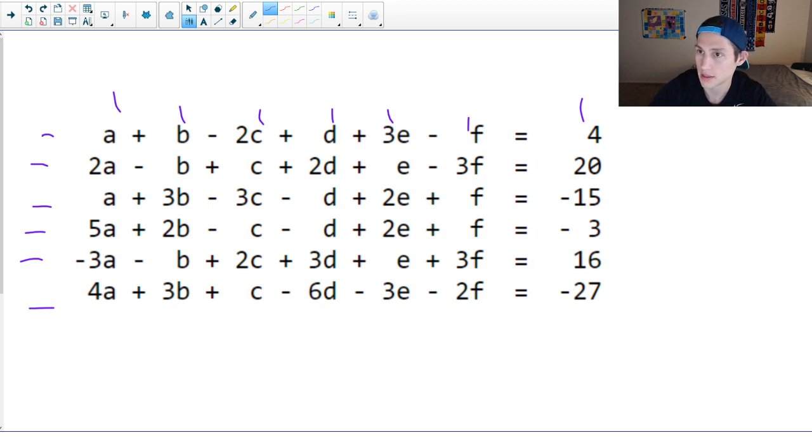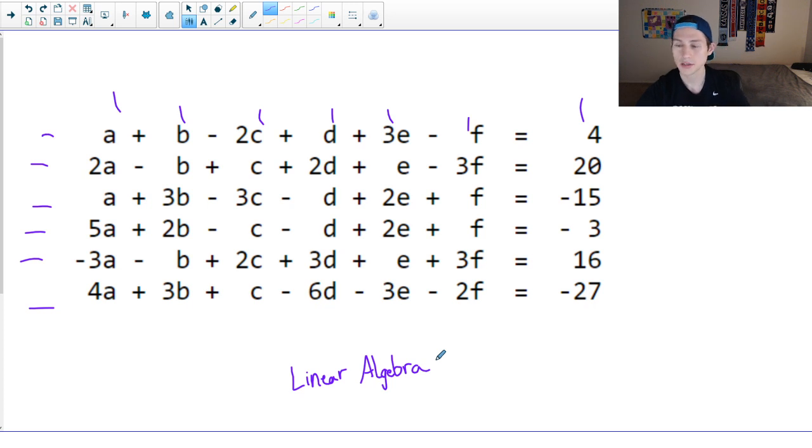Now, I'm not going to sit here and do this. I'm not going to make you, I'm not even going to say that you should do this either, because I don't think you should. But just showing that this works for more and more. It doesn't matter the size of the matrix. This always works. And a really interesting application of this: when you talk about matrices and solving systems and Gaussian elimination, you're actually talking about something called linear algebra, which if you go into any math or science related field, you probably have to take a class purely called linear algebra.